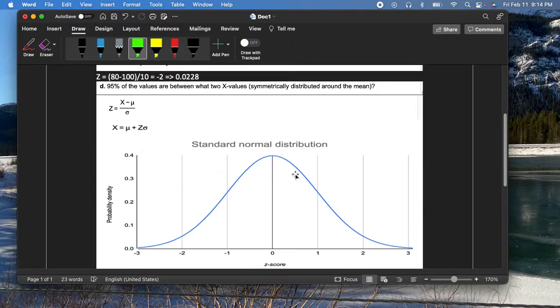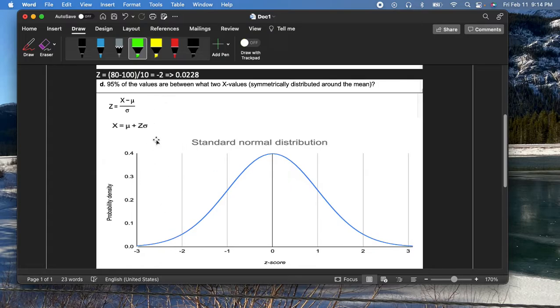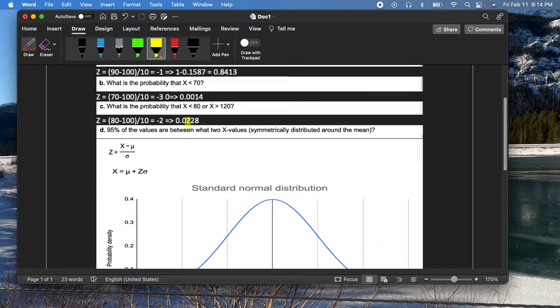What we're trying to find is, we're going to use a yellow marker this time, this area right over here, the values over here. And just looking at the table, we know that's 0.0228. Really easy, right?